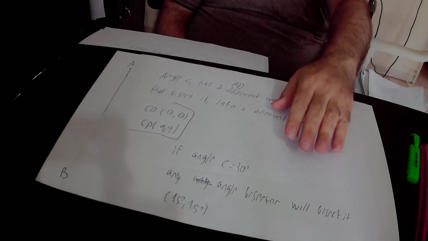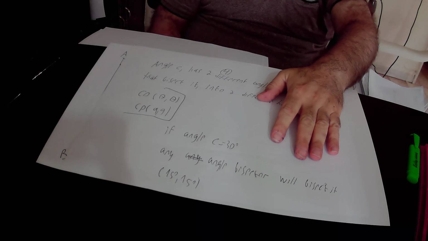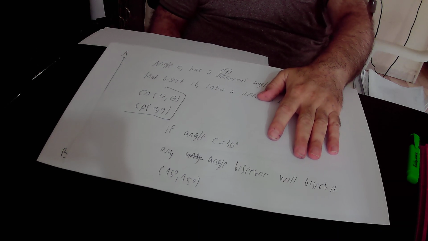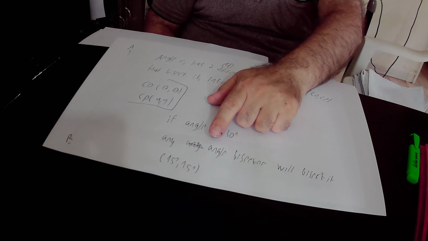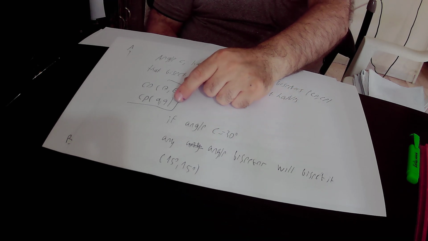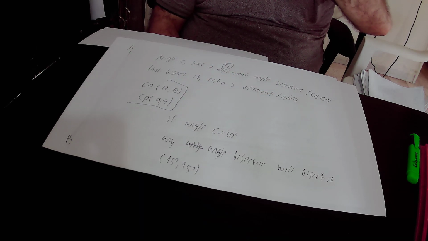Because if angle C equals 30 degrees, any angle bisector of this angle C will bisect it into two 15 degrees and 15 degrees only, and not into any other arms. And here we found out that angle C will be bisected into two different arms. Okay?